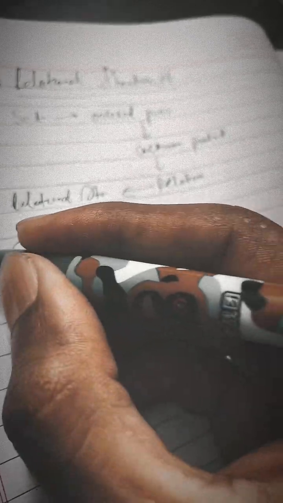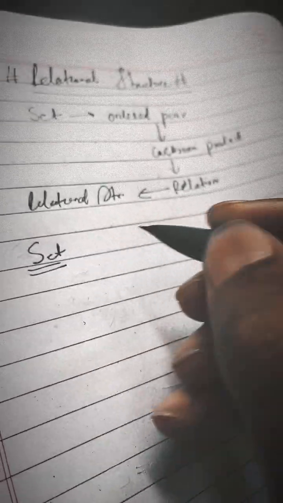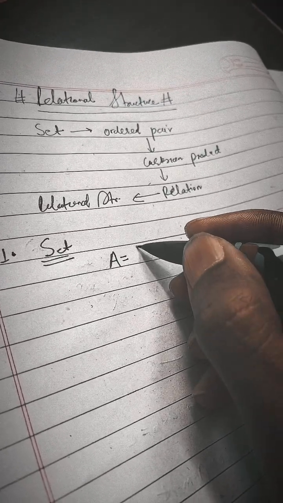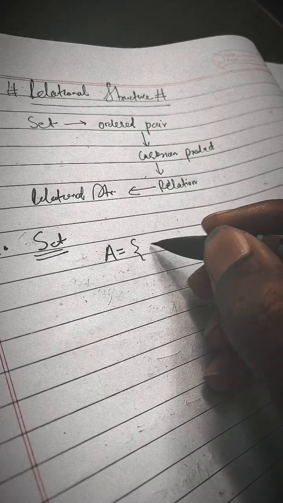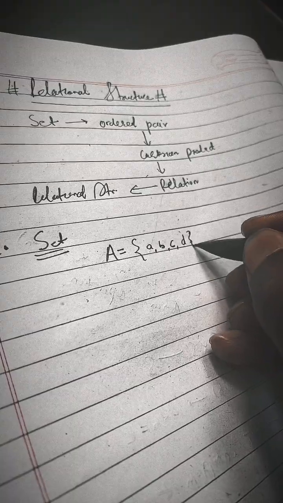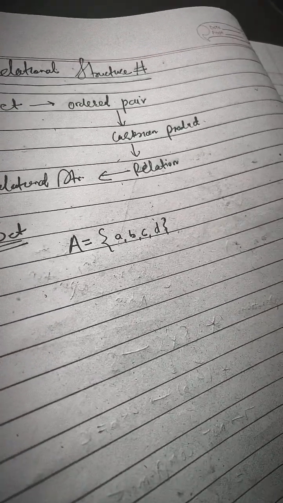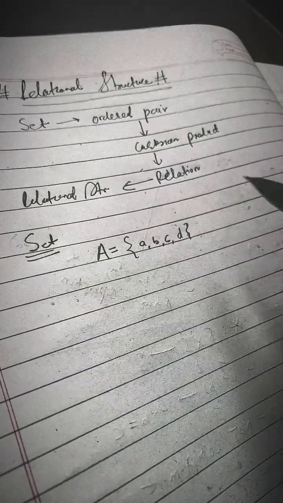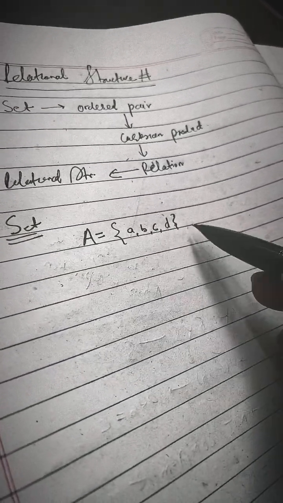Everybody knows the first is set. What is a set? We know it. A set is just a collection of some objects, that could be, let's say, A, B, C, D. It could be finite, it could be infinite. We don't have to worry about that. So that's an example of a set.